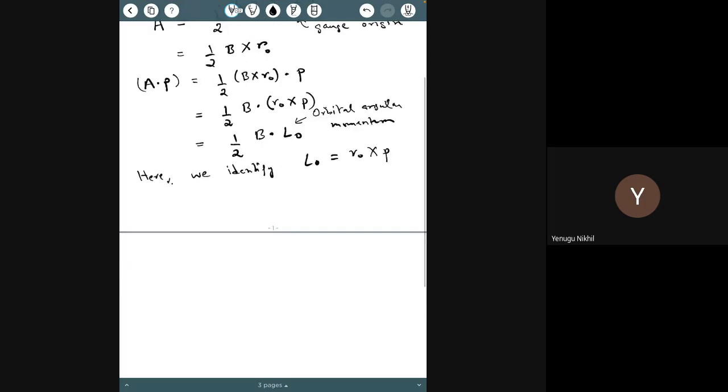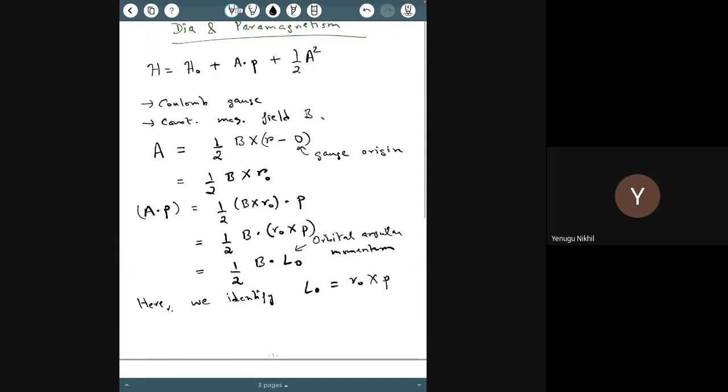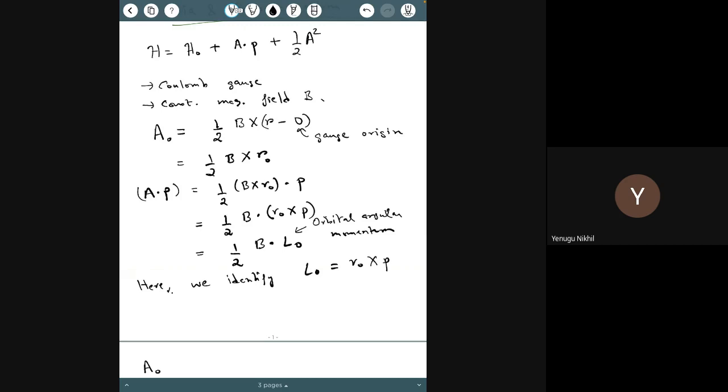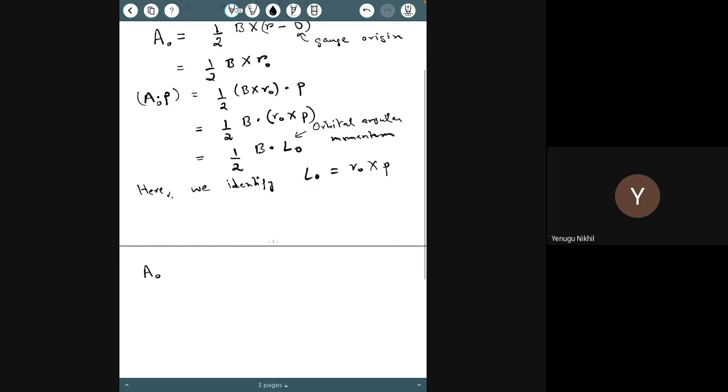Then let's look at the other term, which is A0 squared. I call this A0 just to tell you that I've taken the gauge origin to be O. So what is this? This is half B cross R0 squared, which is 1/4 B cross R0 dot B cross R0.